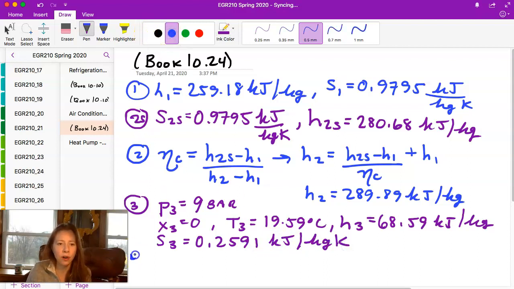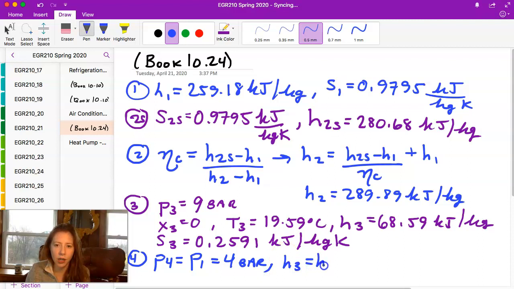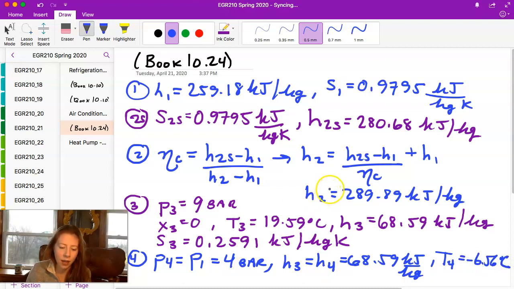Now for state 4, once again, we have a throttling device, and P4 is equal to P1, which is 4 bar. Knowing that h3 is equal to h4, which is 68.59 kilojoules per kilogram, we can find that T4 is minus 6.56 degrees Celsius.